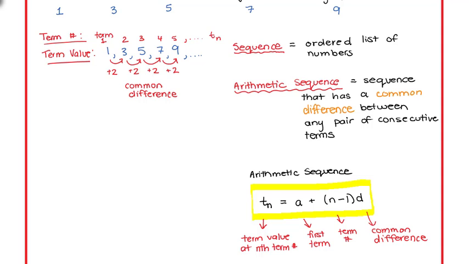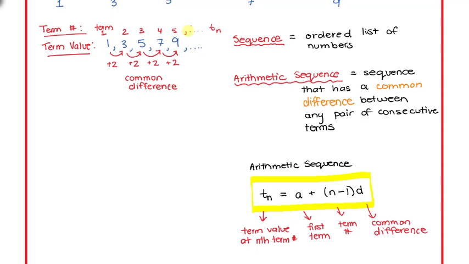Using this arithmetic sequence equation, I can create a formula to find the term value for any term along the sequence in our example.